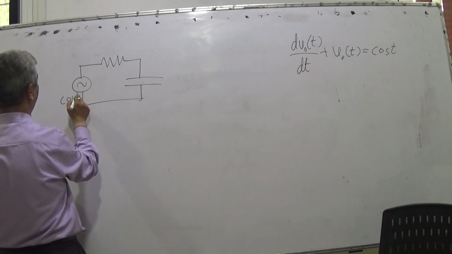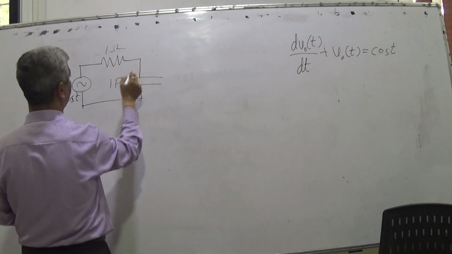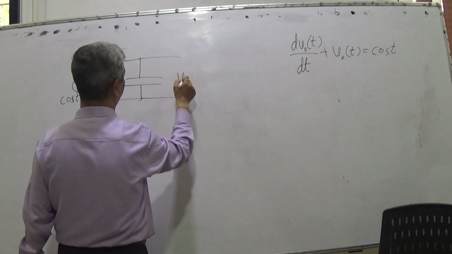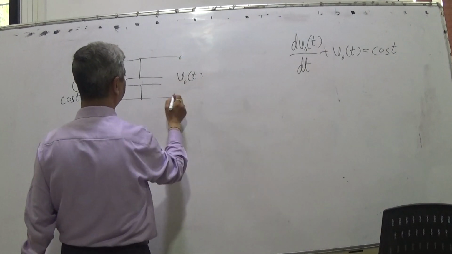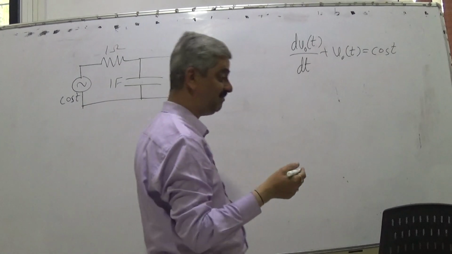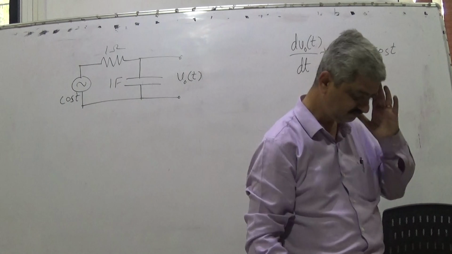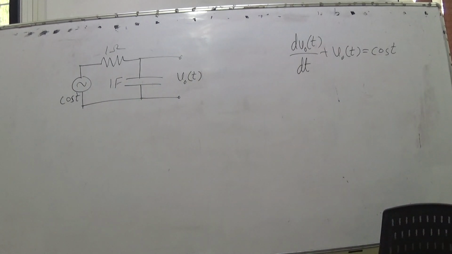We can say the input is cos t, 1 ohm, 1 farad, and Vo(t) is to be found. You can find it either way. Think of some classical way, then you need to integrate.